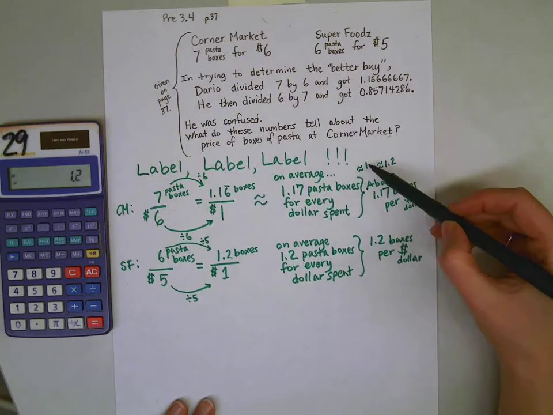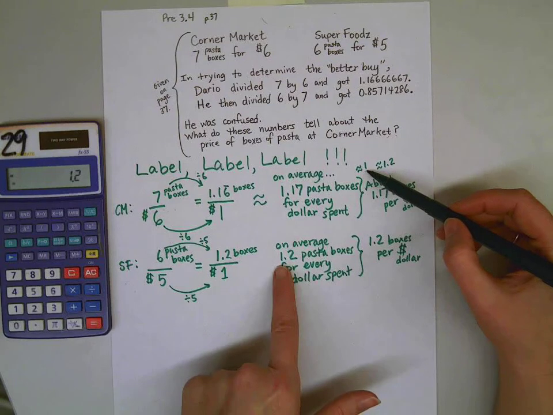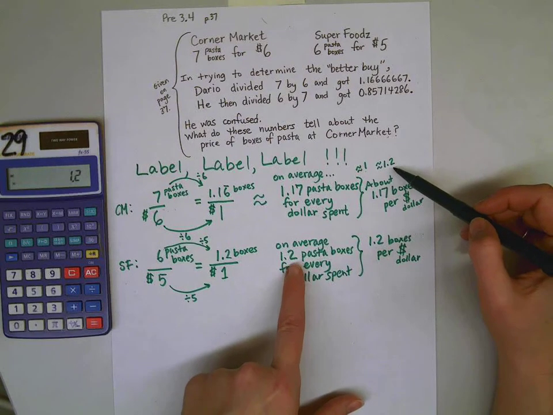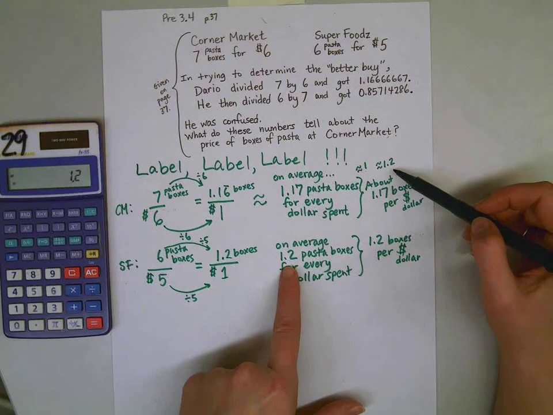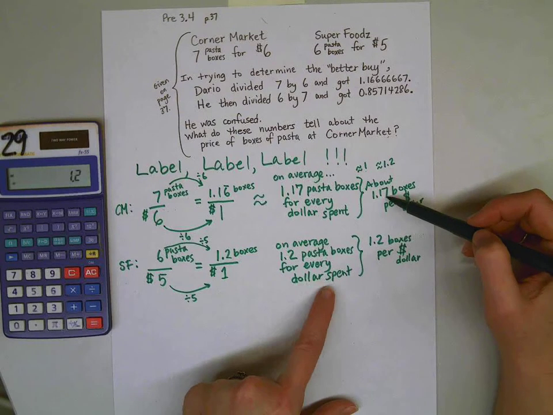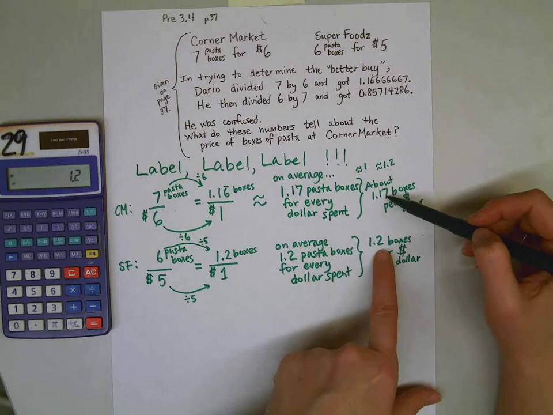The reason I did this additional rounding up here, if we had rounded to the nearest whole box, we would be comparing one box to one box, and it would give the impression that they are the same price. If we rounded to the nearest tenth on this first one, we could be comparing 1.2 to 1.2 boxes, and they would appear to be the same value. However, by comparing to the nearest hundredth, now we're looking at two values that are noticeably different.